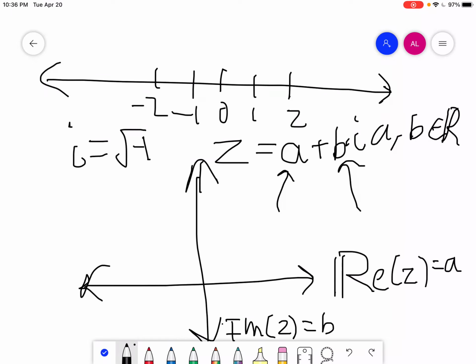I hope you kind of understand how this works out. Basically, the y-axis is the imaginary part of z, and the x-axis is the real part of z.